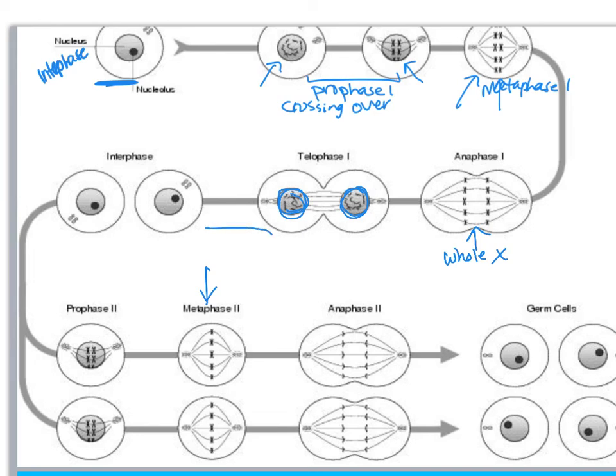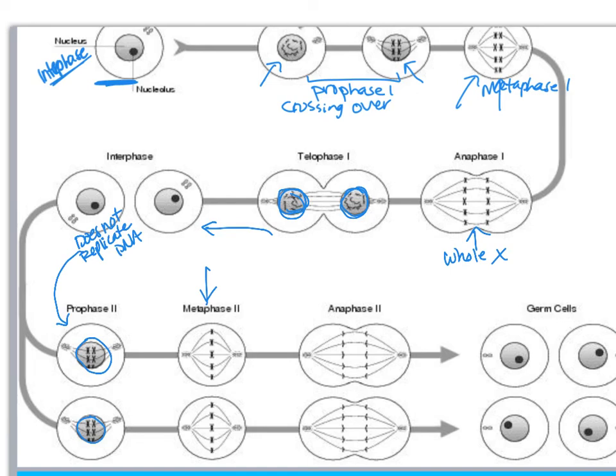So they might divide and then go through another interphase where it grows. If they go through another interphase, it does not replicate the DNA again at this point. We only do that in the first interphase. Anyway, that brings us into prophase 2, so your chromosomes are going to cluster up in the center again.